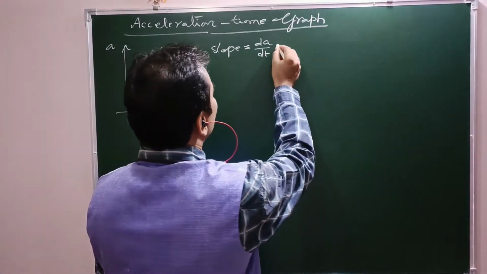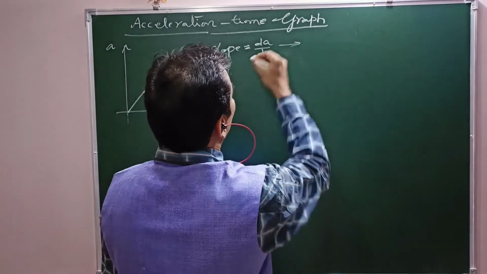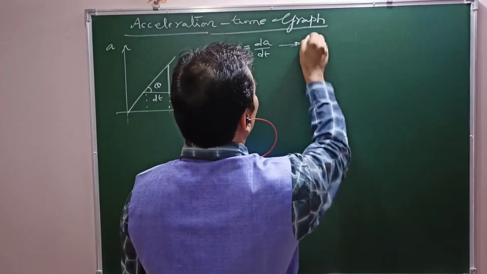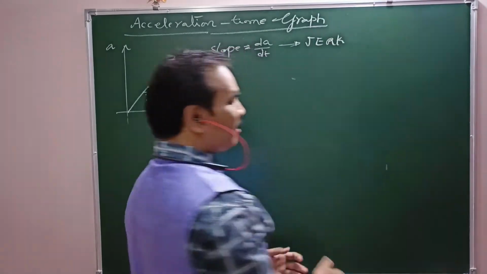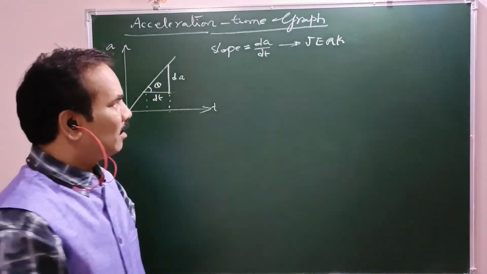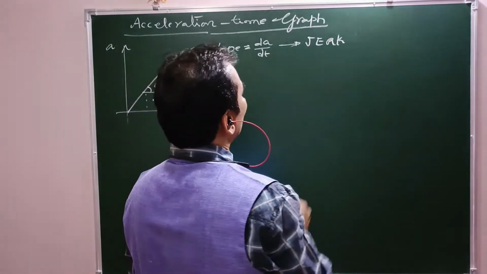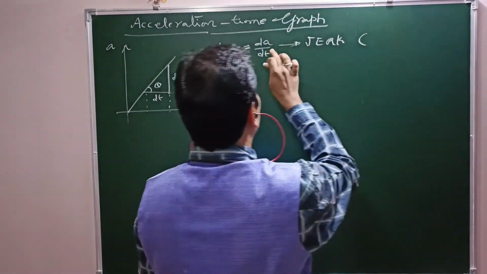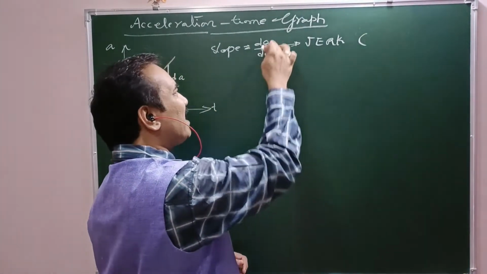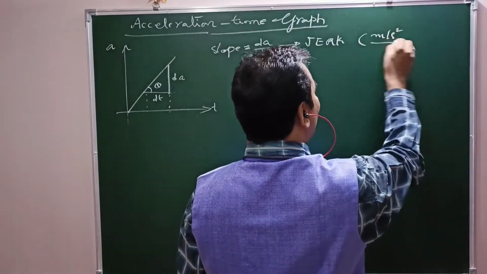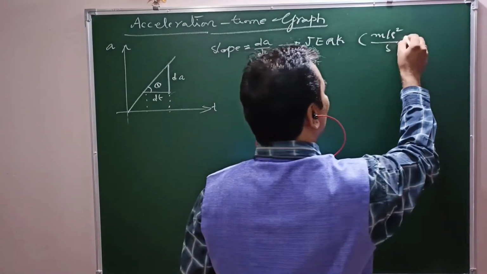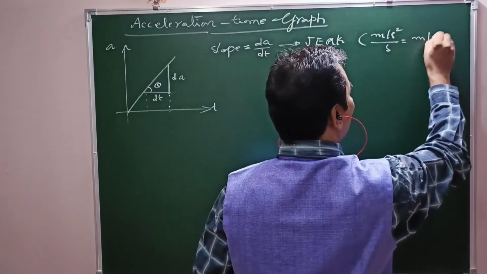So it represents a new quantity. What is that quantity? Jerk, J-E-R-K, means the rate of change of acceleration. What are the units for jerk? Acceleration, meter per second square, divided by time, that is second, equals meter per second cube.